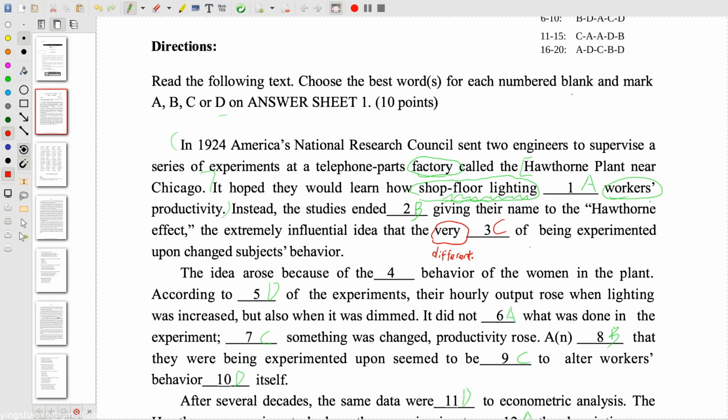If I want to express this sentence in other words, it would be: the different ways of doing experiments upon the subjects would change the subjects' behaviors themselves.